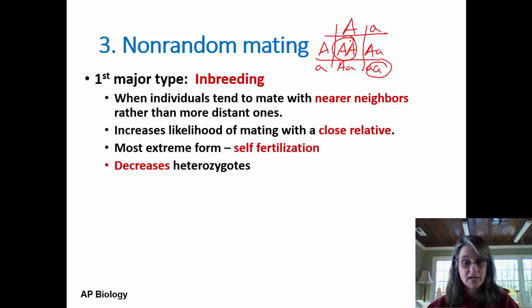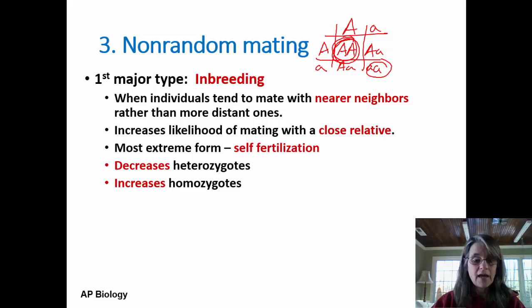These offspring are going to be homozygous and have those characteristics. And so every time heterozygotes breed together, they don't replenish the population with all heterozygotes. So they're going to decrease over time, and the homozygous phenotypes will increase. And so obviously it does increase the number of homozygotes in the population.